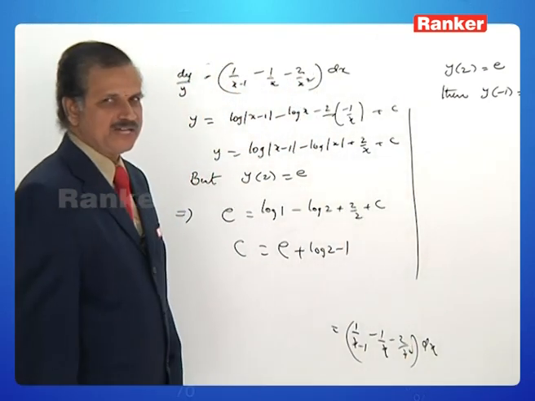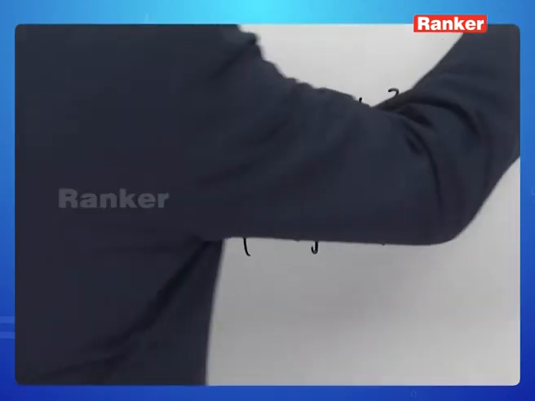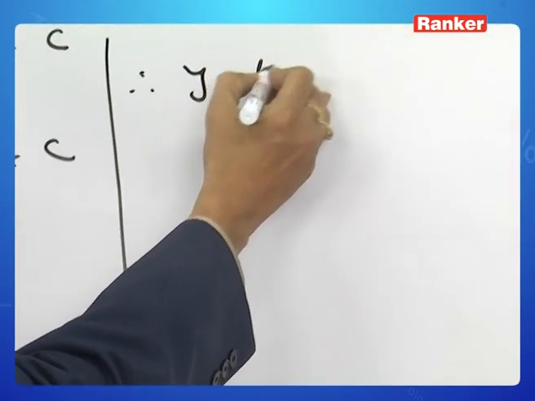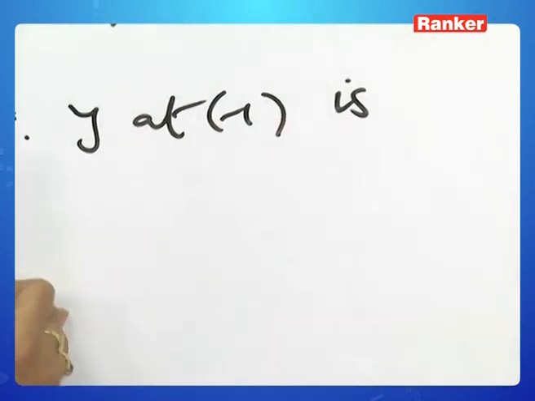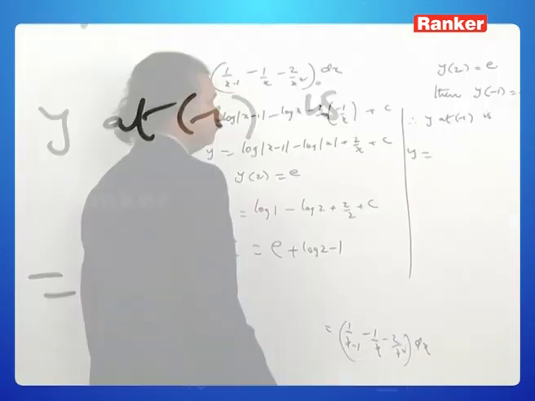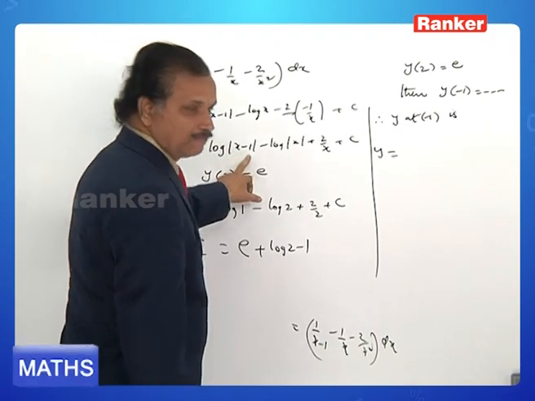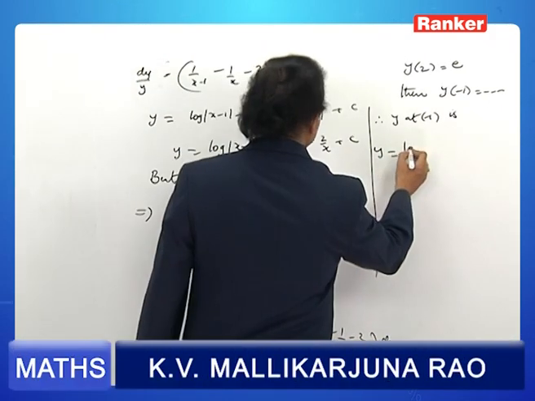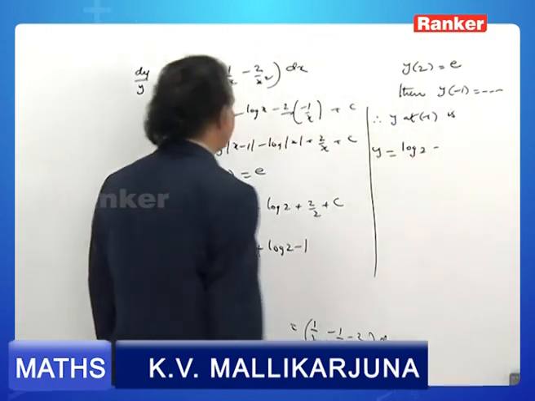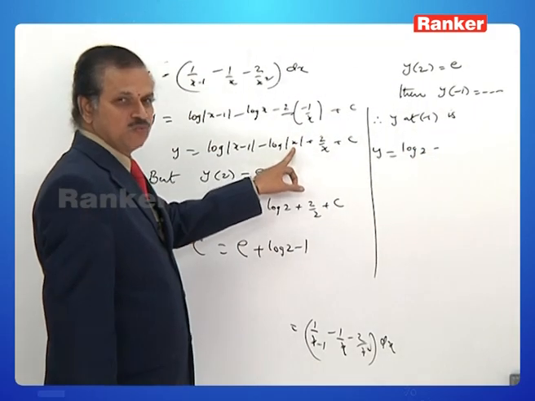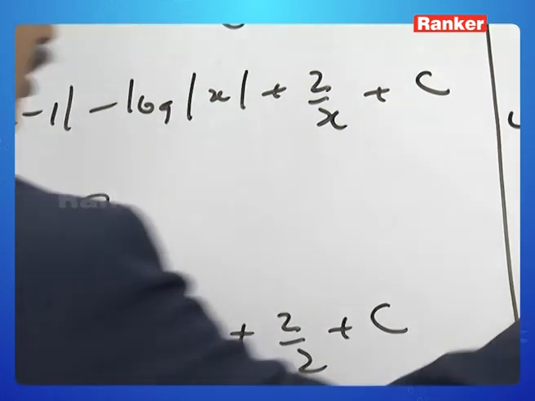We want to have y at minus 1. Therefore, y at minus 1 is log mod minus 1 minus 1, that is minus 2, log mod minus 2 is log 2. Mod minus 1 is 1, log 1 is 0, omit it.